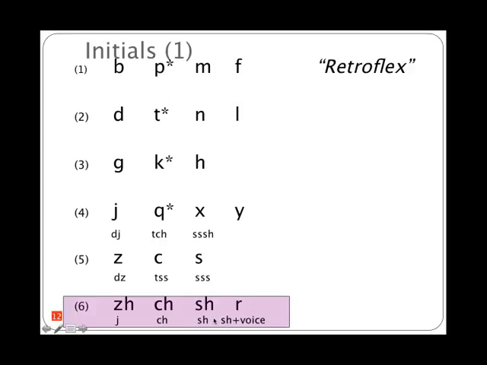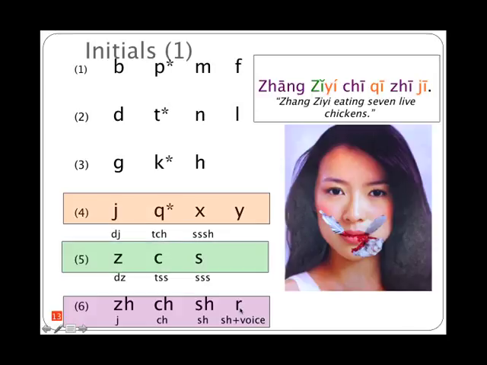Curl your tongue back and say sh. And when you say the R sound, just make sure that your voice begins earlier. When you say sh, you don't use your voice. But when you say r, you use your voice from the very beginning. Sh, r, sh, r. That's the only difference.